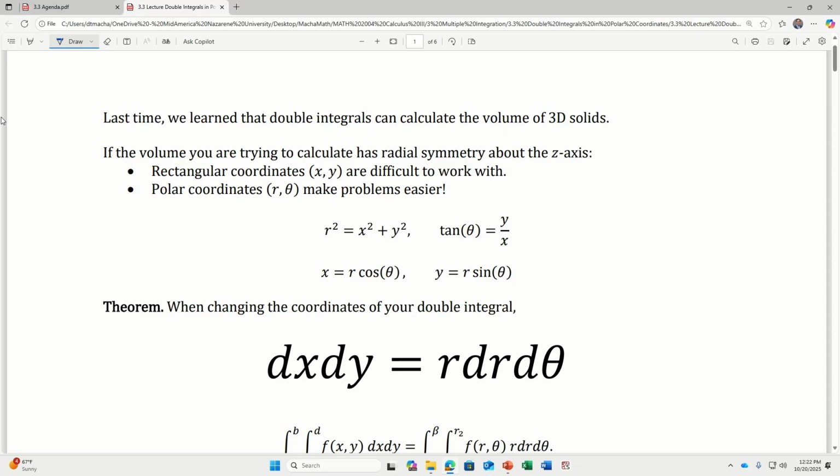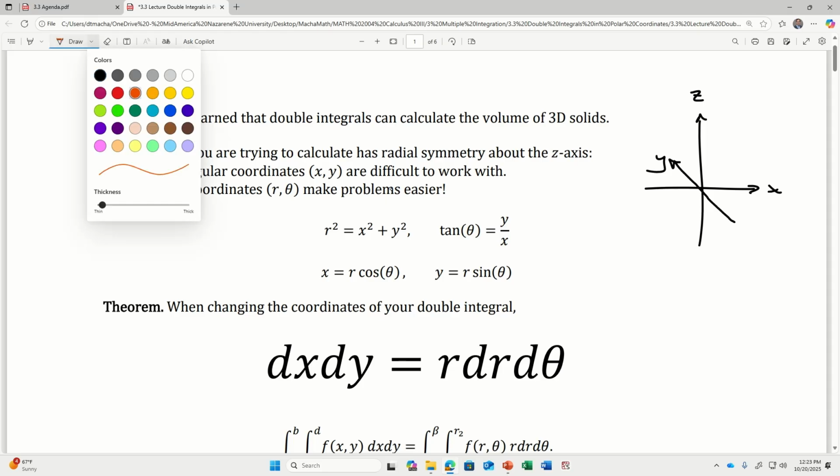If you have some kind of 3D solid that has radial symmetry about the z-axis, and I'll plot some of these at some point in the lecture, but here's my z-axis. Here's my xy plane.